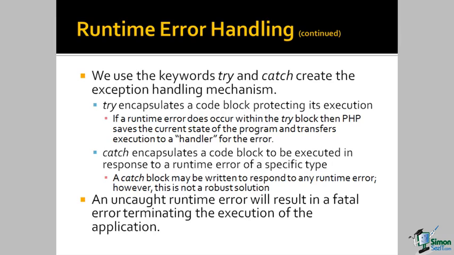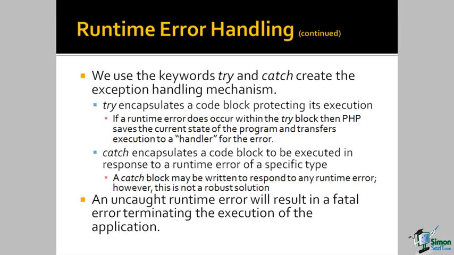If an exceptional runtime error occurs within the code in a try block, the flow of execution is transferred to one of the catch blocks that are associated with that try block.